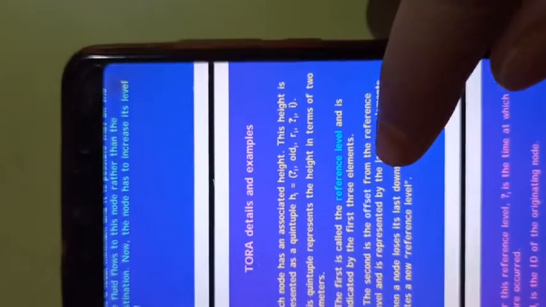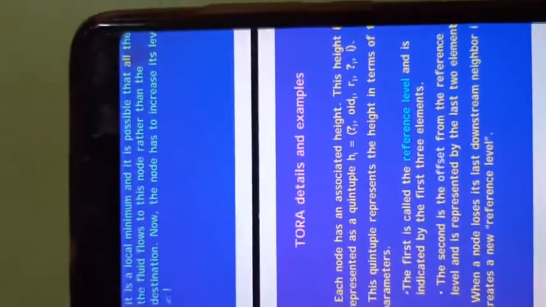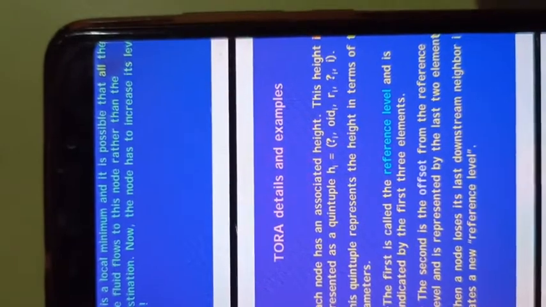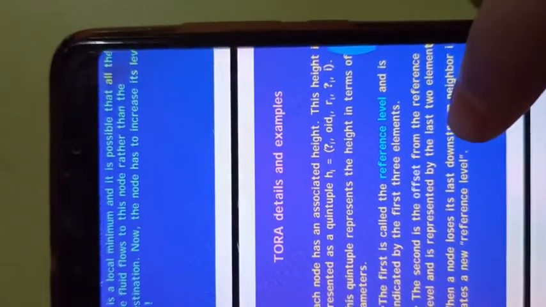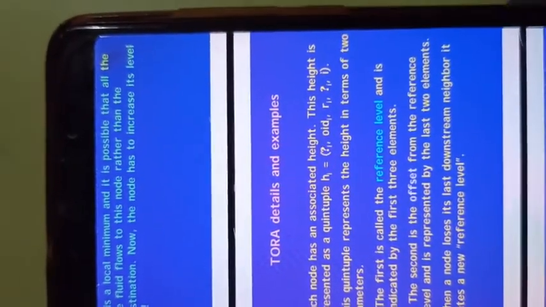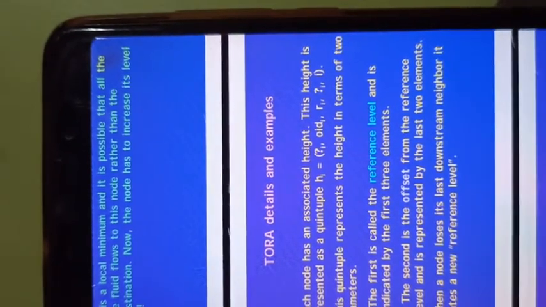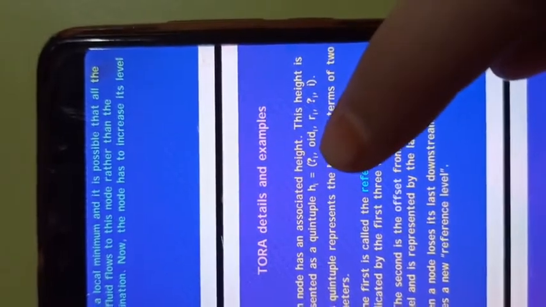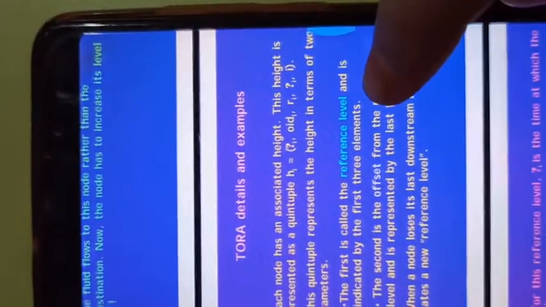The first is called the reference level, indicated by the first three elements. The second is the offset from the reference level, represented by the last two elements. So the first three elements are the reference level and the last two elements are the offset.